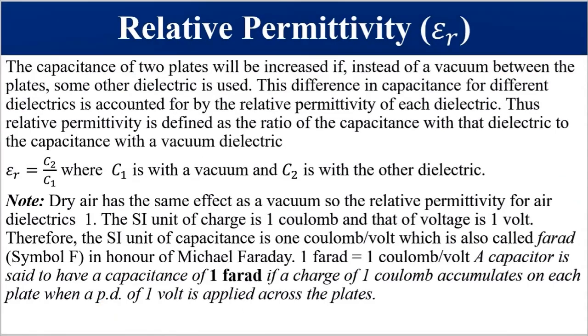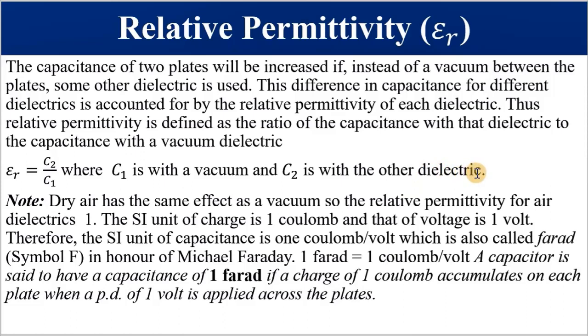In capacitors, we've got what we call relative permittivity, represented by epsilon r, as alluded to in the previous slide. It is defined as the ratio of the capacitance with a certain dielectric to the capacitance with vacuum as the dielectric. Hence, we can simply say epsilon r is equal to C2 divided by C1, where C1 is the capacitance of a capacitor with the vacuum as the dielectric, and C2 is the capacitance of a capacitor with another material as the dielectric.